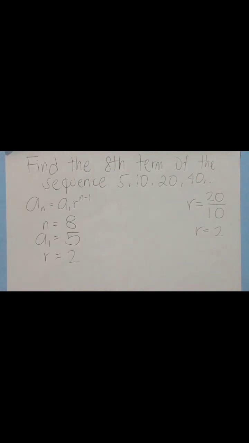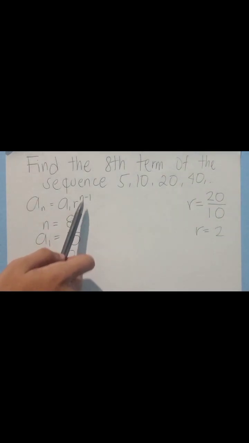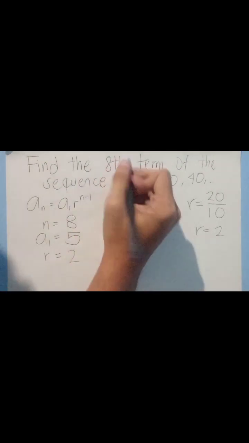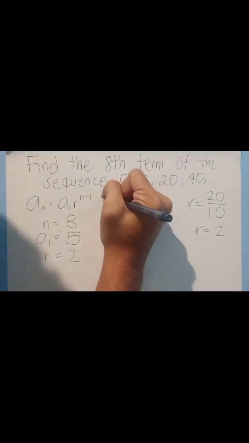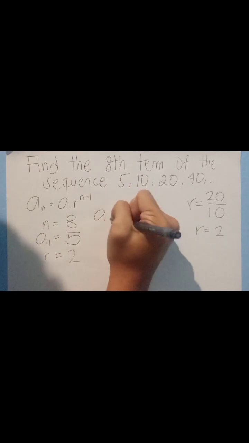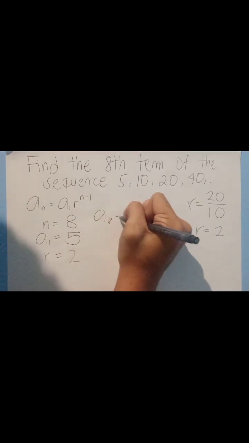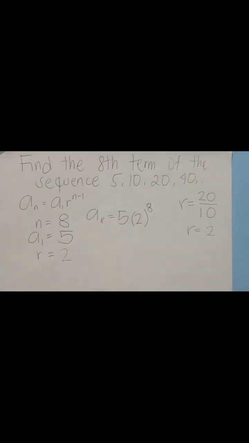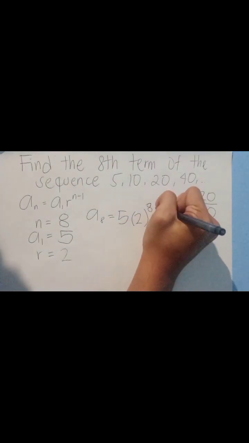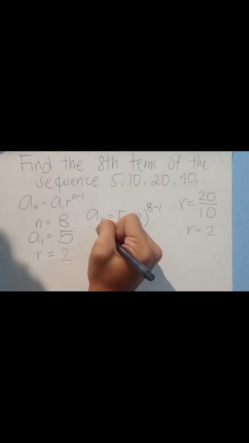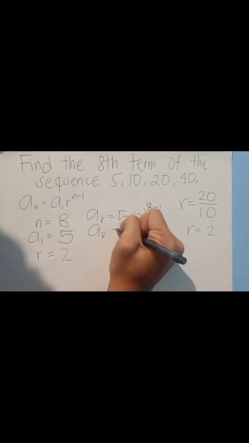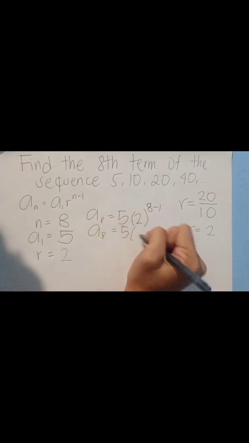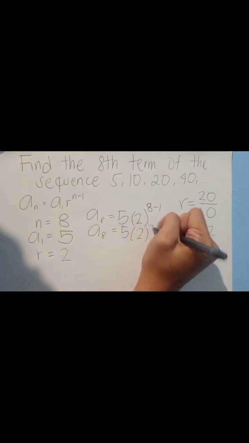So again, a sub n is equal to a sub 1 times r raised to n minus 1. We're trying to find a sub 8, which is equal to a sub 1, 5, times r, 2, raised to n, which is 8, minus 1. So, a sub 8 is equal to 5 times 2 raised to 7.